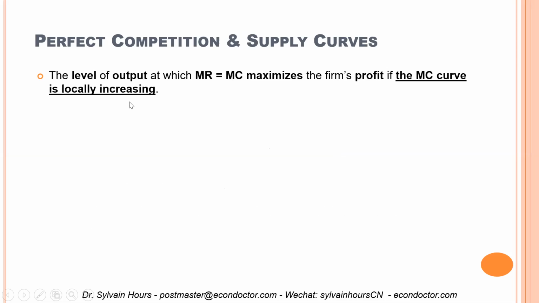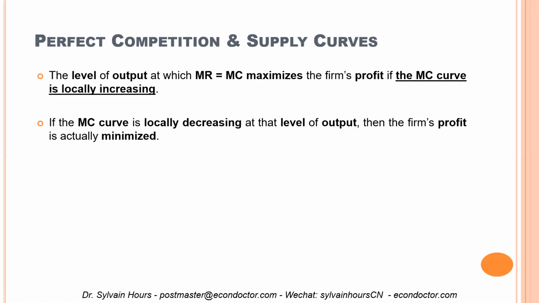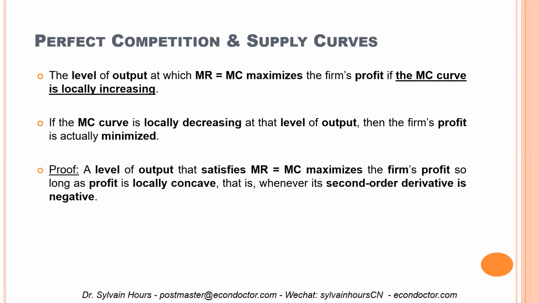We know that the level of output at which MC is equal to MR maximizes the firm's profit if, and this is what is important, only if the marginal cost curve is increasing. If your marginal cost curve is decreasing, then the level of output at which MC is equal to MR minimizes your profit instead of maximizing your profit.